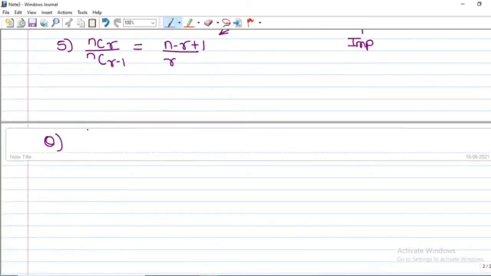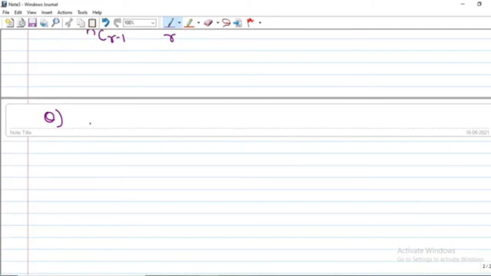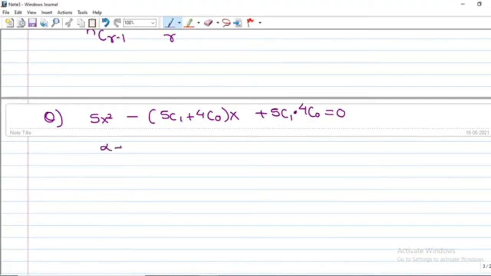The equation given is 5x square minus (5C1 plus 4C0) into x plus 5C1 into 4C0 equal to 0. Here you can clearly observe that the two things I need to find are alpha plus beta and alpha square plus beta square.